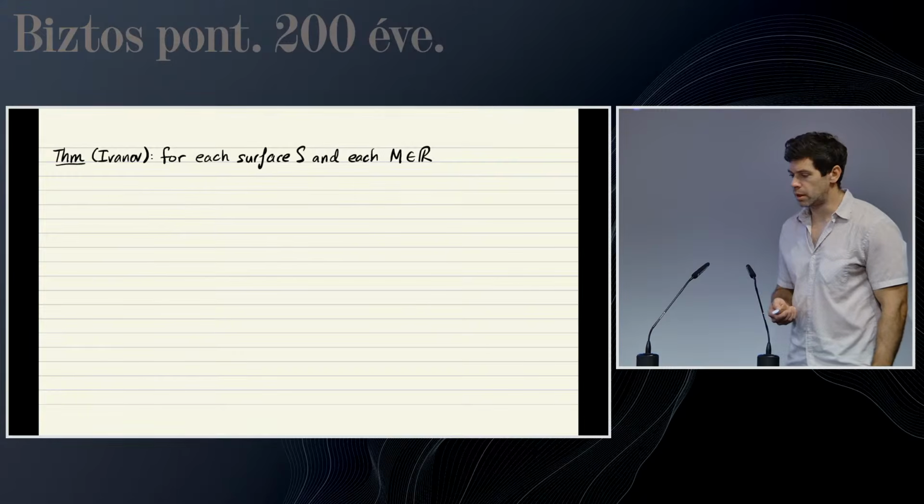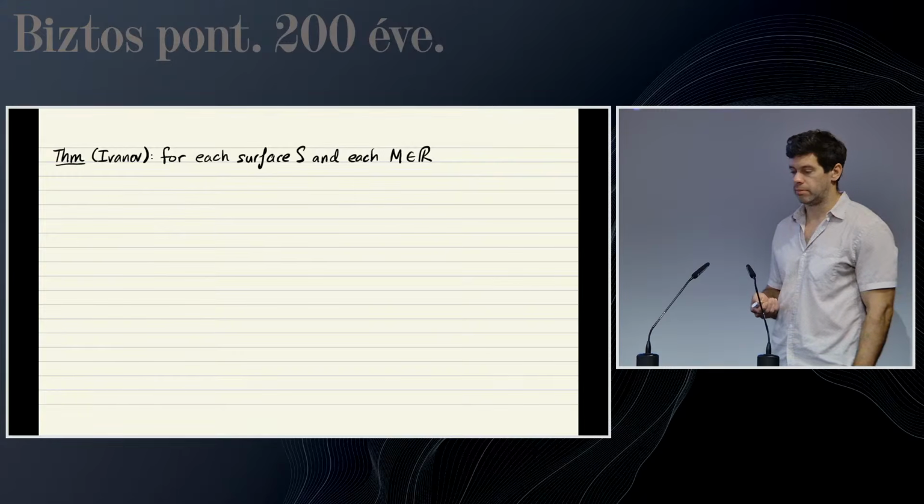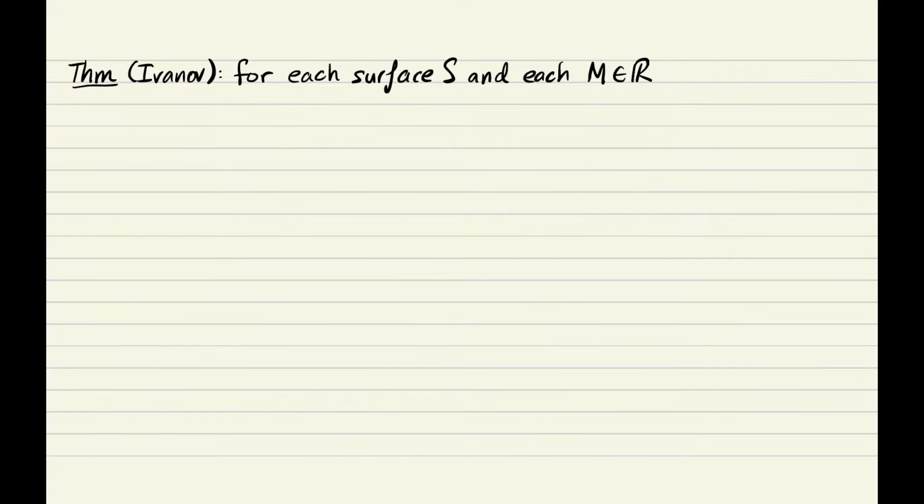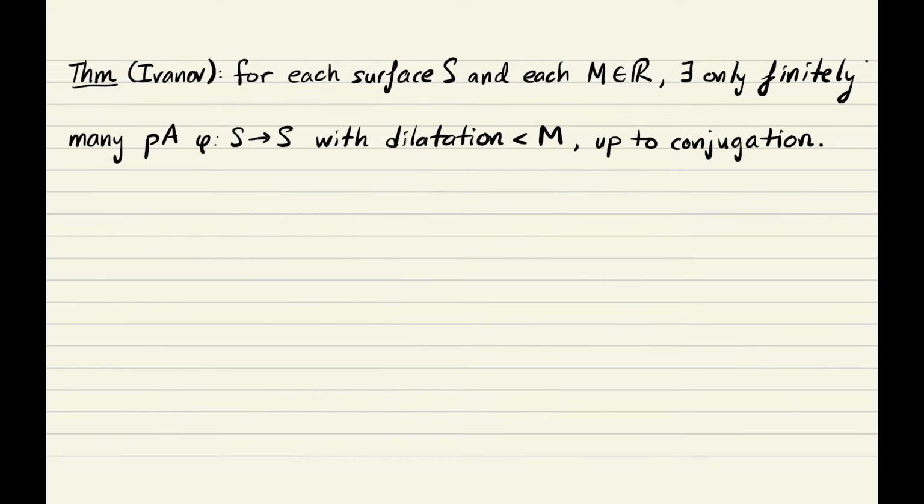Well, because there's this theorem, I'll credit Khovanov, there are many different ways of proving it, which says that if you fix a surface S and you fix some real number M, then up to conjugation, there are only finitely many pseudo-Anosov homeomorphisms of the surface with dilatation less than that constant M. So if you can bound the dilatation by some universal constant, then there are only finitely many pseudo-Anosov maps up to conjugation you have to worry about.